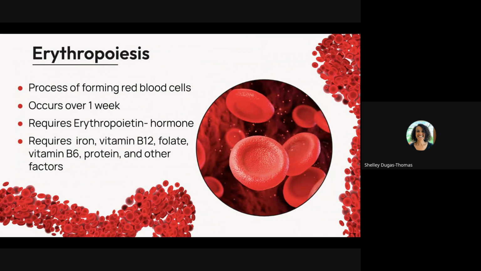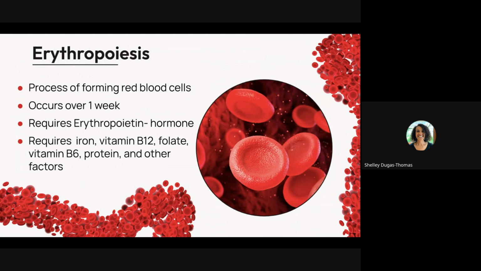So, erythropoiesis is the production of red blood cells. It begins when erythropoietin, a hormone from the kidneys, stimulates the differentiation of the myeloid stem cells into erythroblasts. And low oxygen levels, such as in anemia or at high altitudes, trigger increased erythropoietin, prompting the bone marrow to produce more erythrocytes.